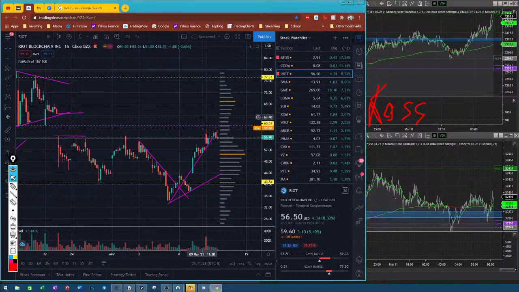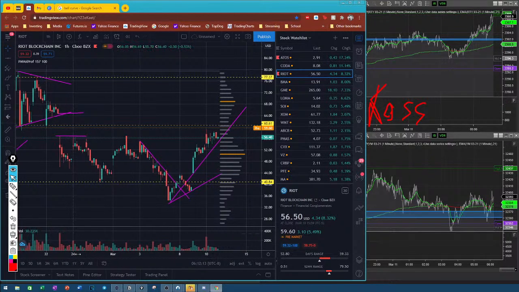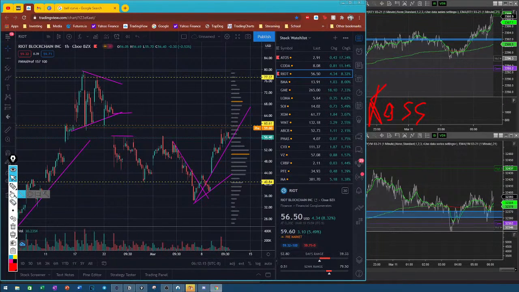Okay, we got Riot Blockchain right here, and this does look pretty good here on the open. Let me fix my trend line. So on Riot here, we are right at where we've just filled this gap from previously. Let me show you.